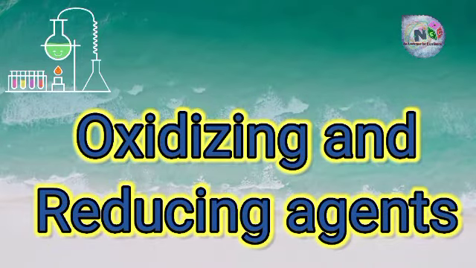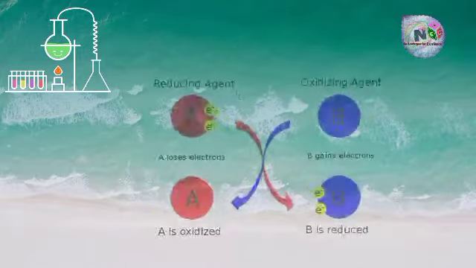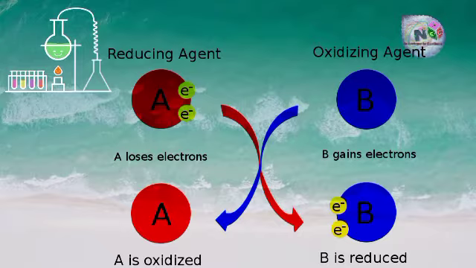Now understand a very easy but confusing topic, that is oxidizing and reducing agents. Let's understand there are two atoms A and B, where A is losing electrons while B is gaining electrons, and we all know that the gainer of electron is known as oxidizing agent while the supplier of electron is known as reducing agent.